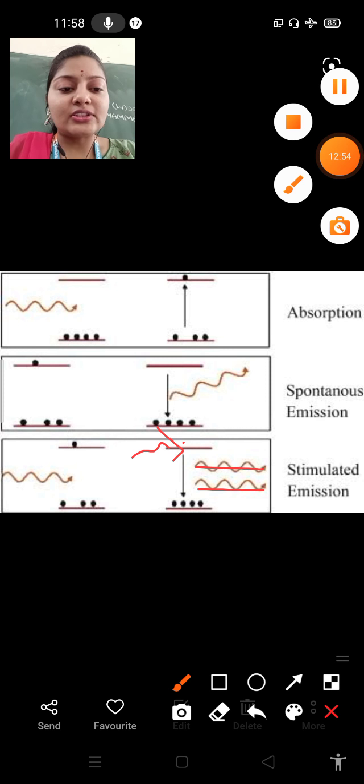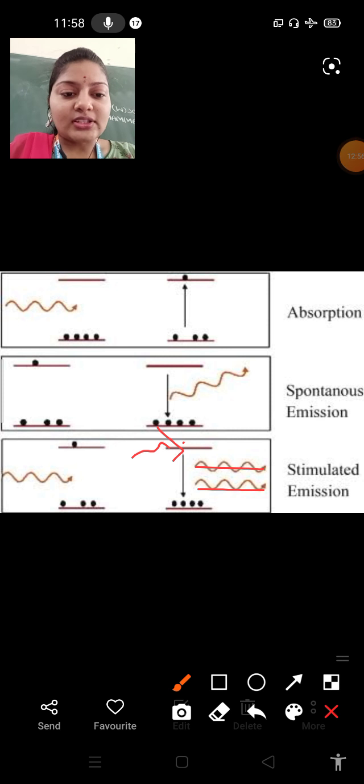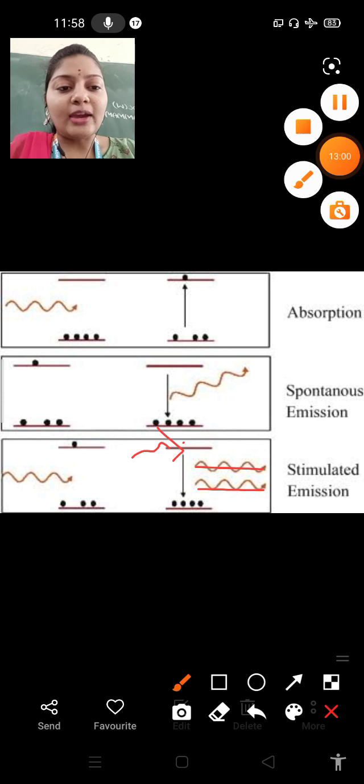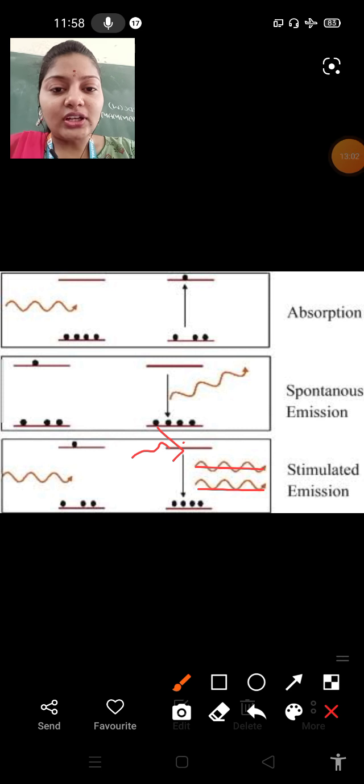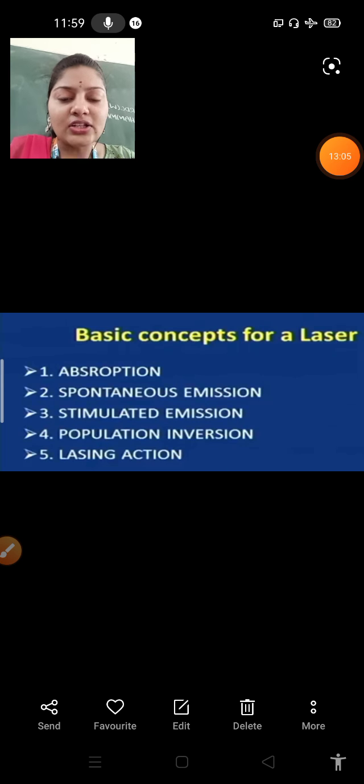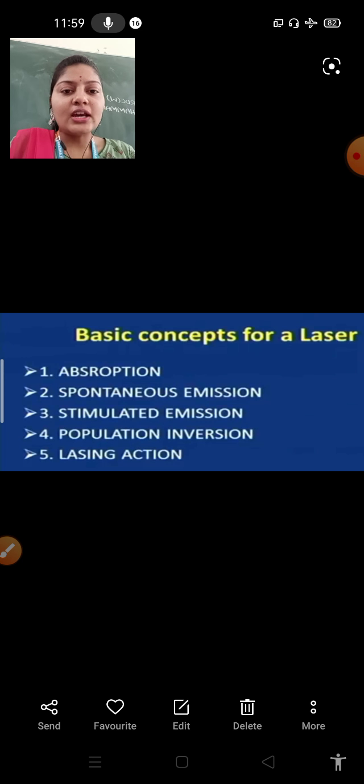So this is about the 3 processes: induced absorption, spontaneous emission and stimulated emission. Now coming to the 4th concept, population inversion.